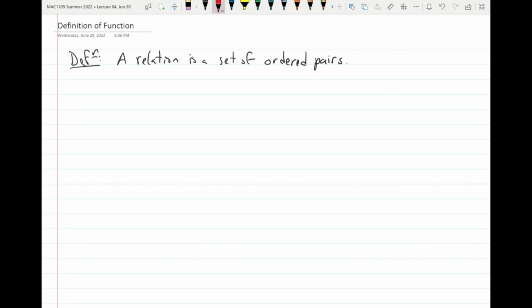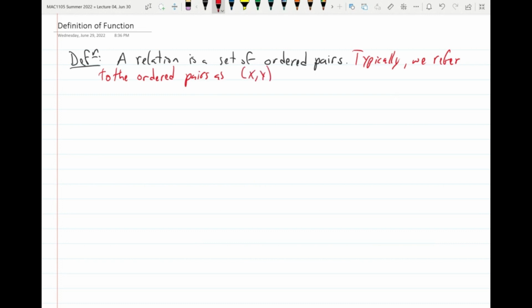Typically we refer to the ordered pairs as x comma y.